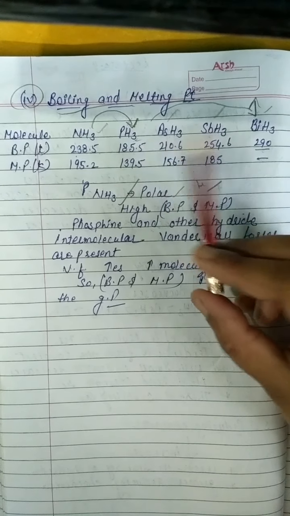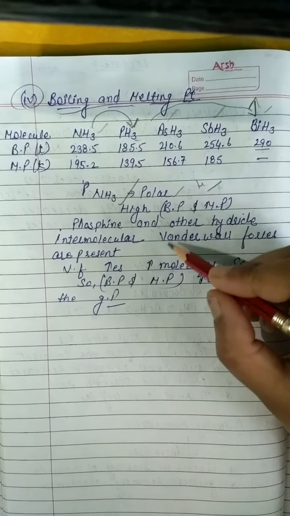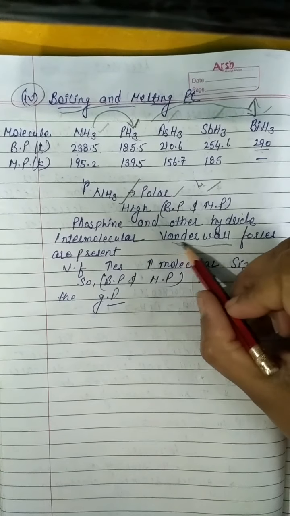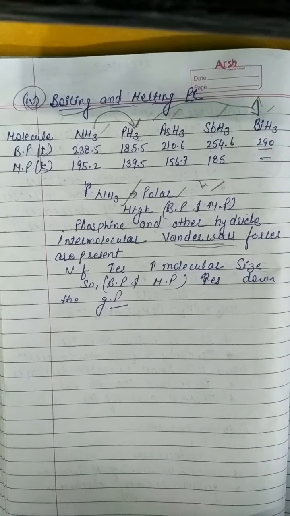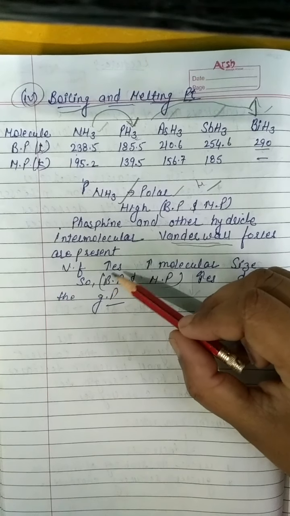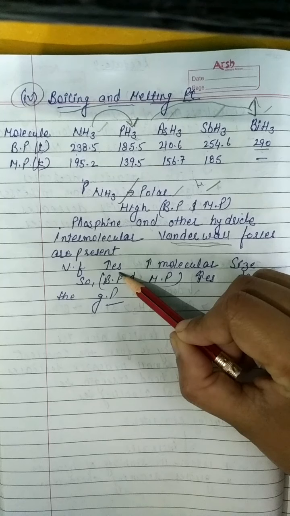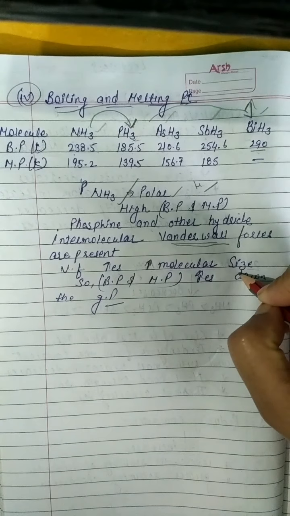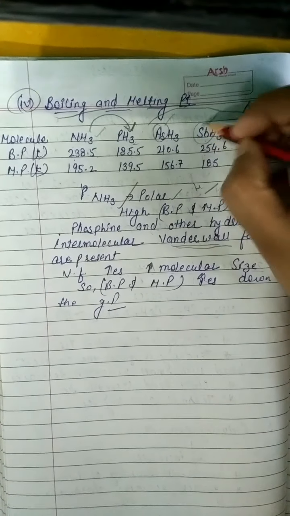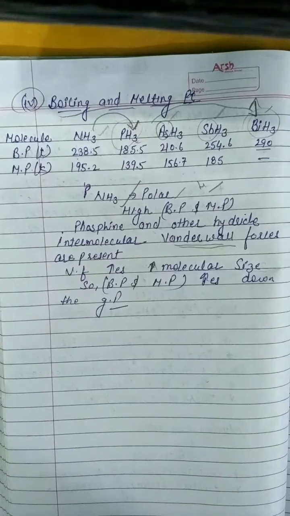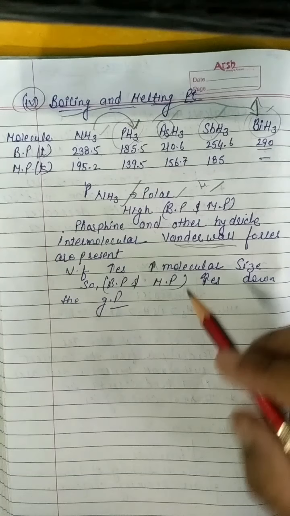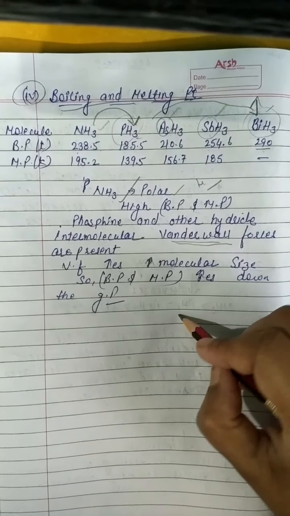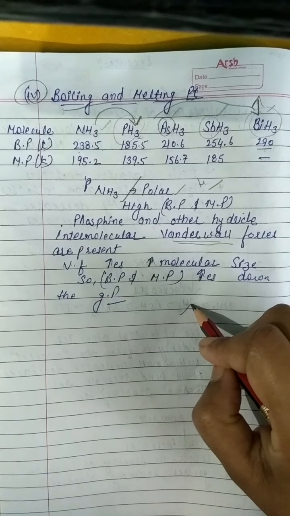When moving from phosphorus to bismuth, the van der Waals forces increase, due to the molecular size also increasing. So that's why from phosphine to bismuth the melting and boiling point increases down the group.